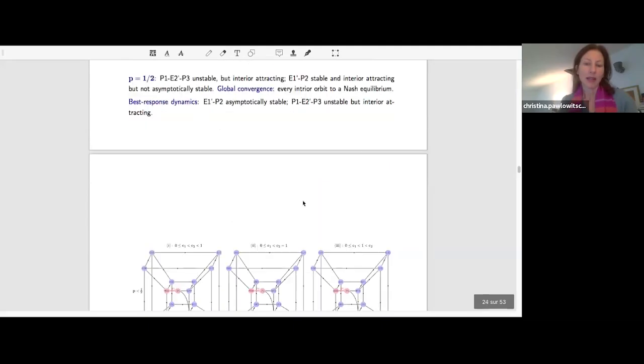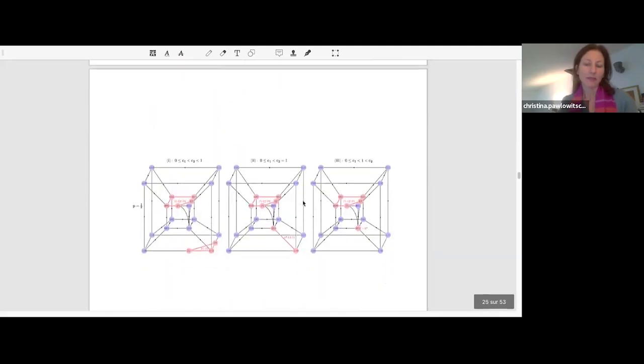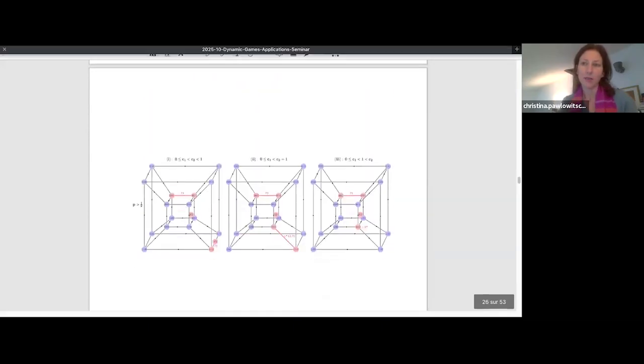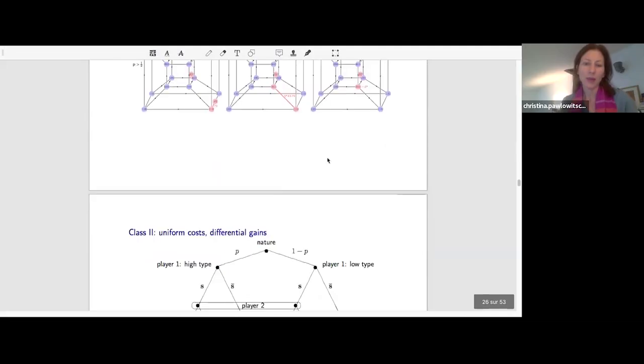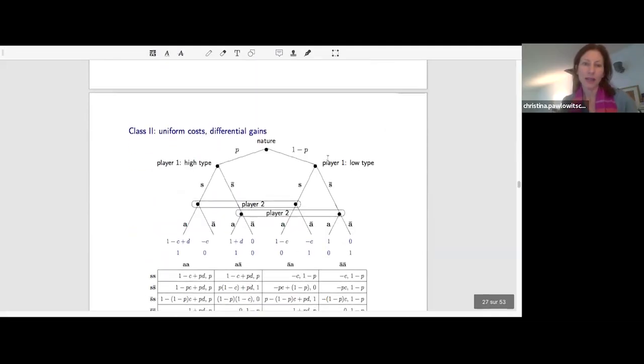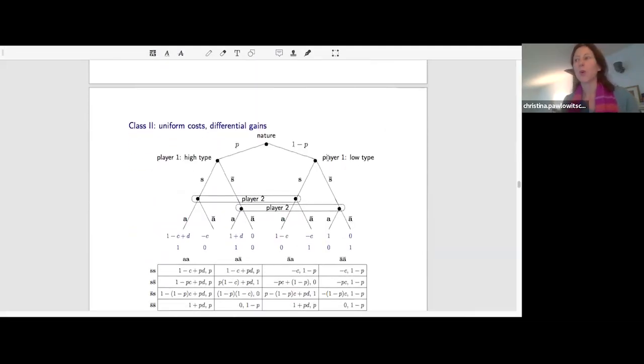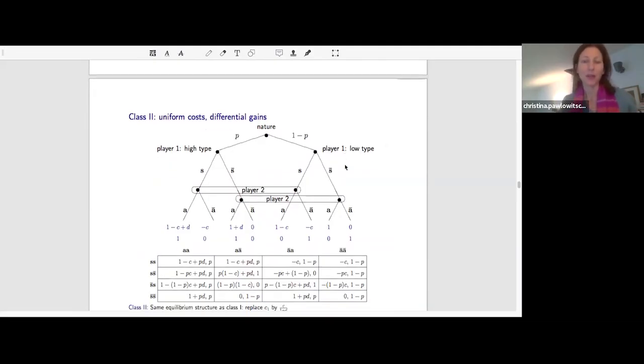Now, I said before that I have just a few minutes left, so maybe I would like to say a few words. What are the generalizations of these results that one could do?